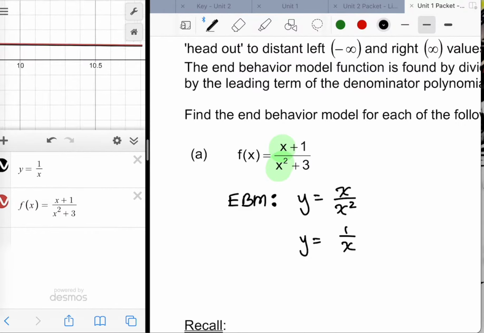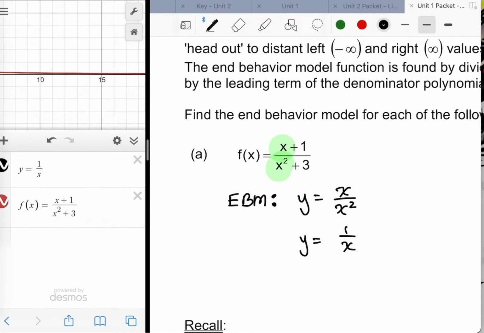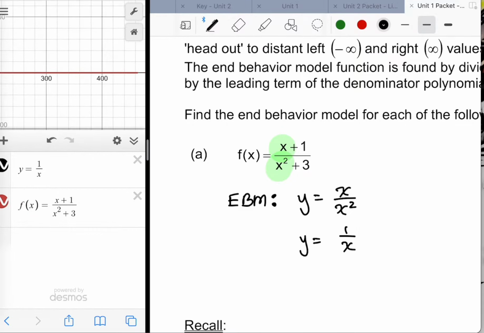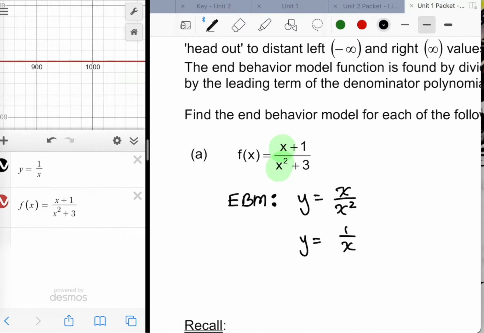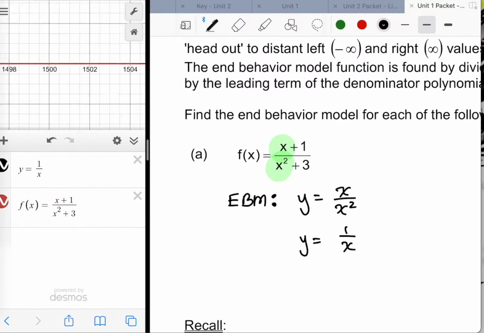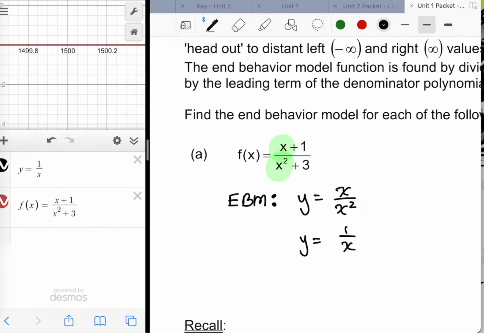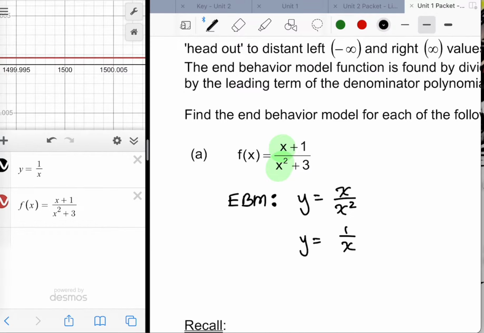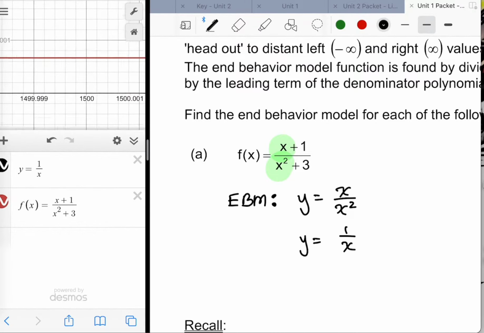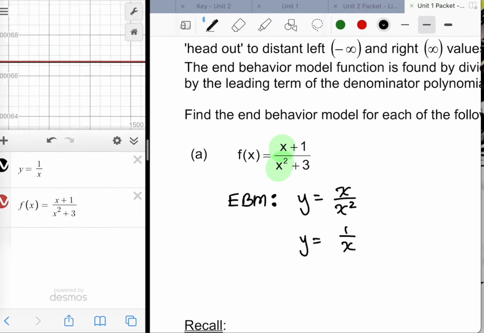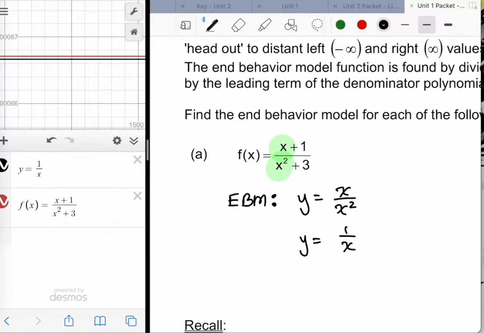Now, as I get really far out, I'm going to zoom out, scroll over and then zoom back in. It takes a lot more zooming in order to show that they're different from one another. I had to zoom in a lot there.